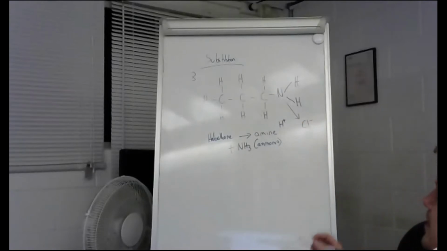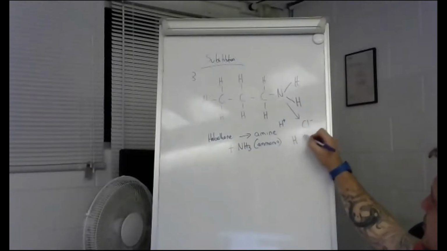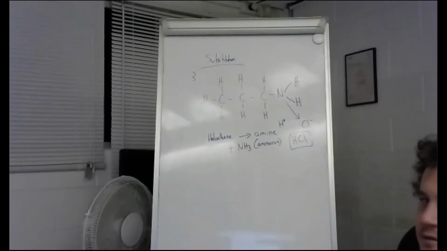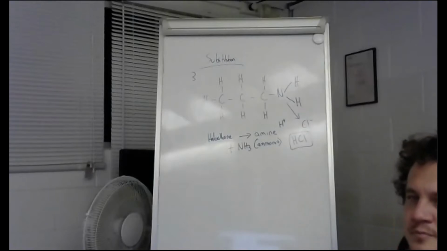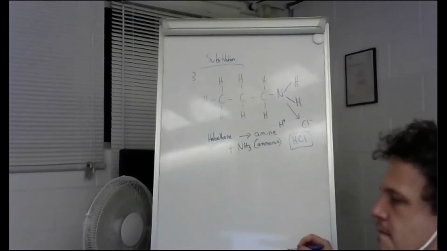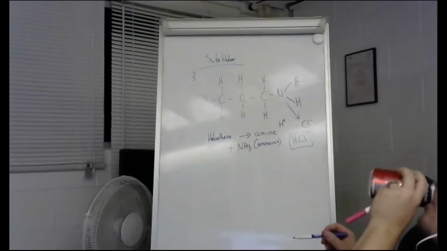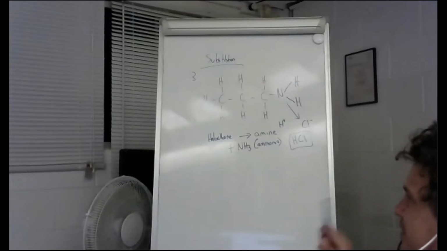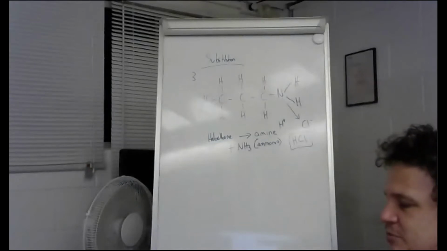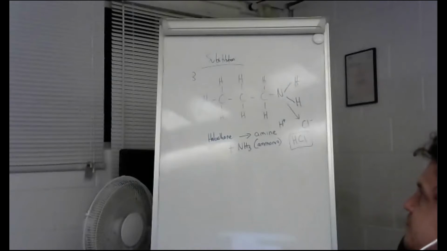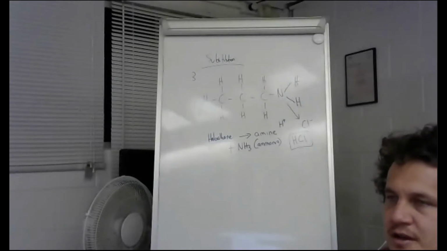So we end up with an amine and hydrochloric acid again as our byproduct. There's one thing I forgot in the beginning for reactions 1 and 2. They have to be done in the presence of UV light, because UV light will break the bonds between them. But again, I'll send you the slides with this.